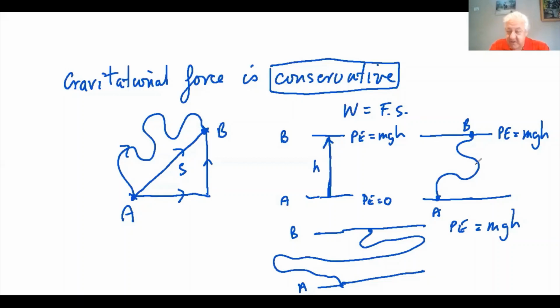This is very important in doing calculations, because trying to calculate these things in terms of forces will be extremely complicated. In cases like this, it is so difficult. But using conservation of energy and remembering this, you can solve quite a few problems. But we'll come to examples in your tutorial sheet.